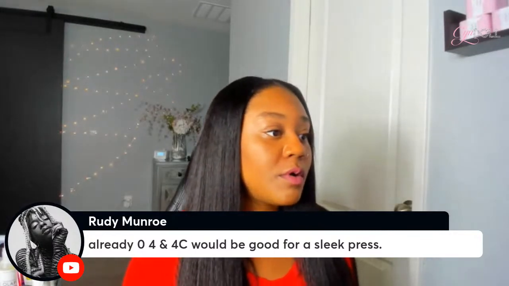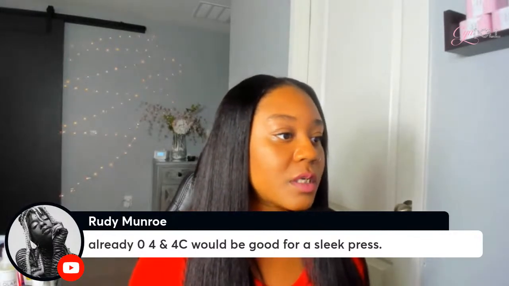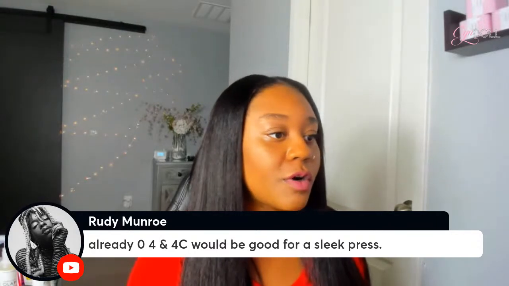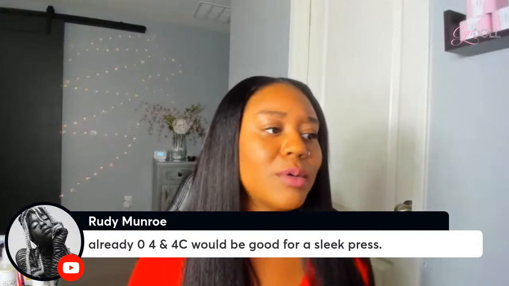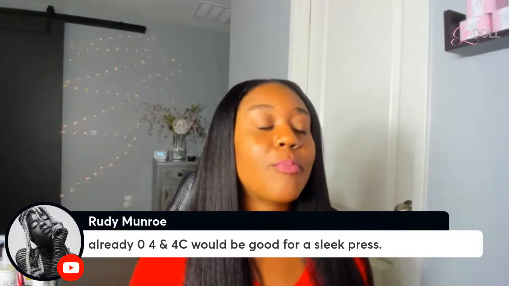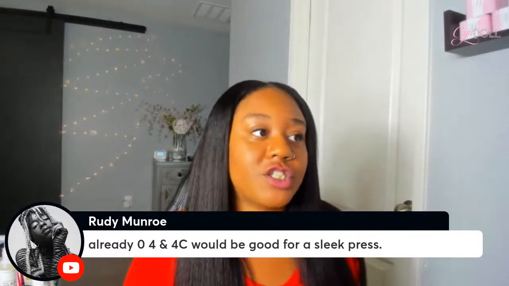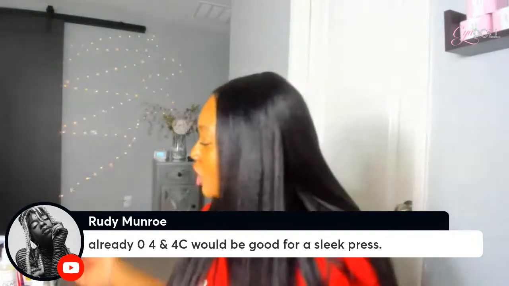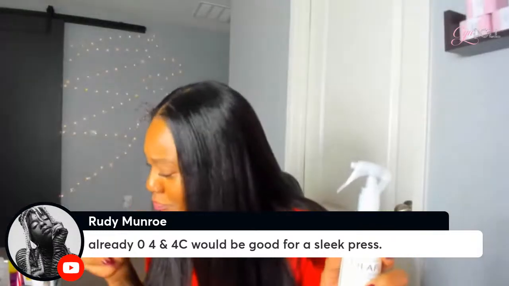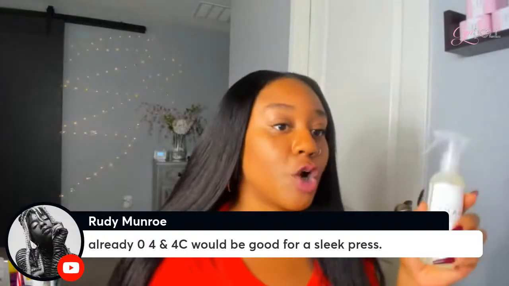Already 0, 4, FRC will be good for a sleek press. Oh, yes. 0 and 4. Yes, that is the perfect combination. So she's saying we're going to use Olaplex 0, right?